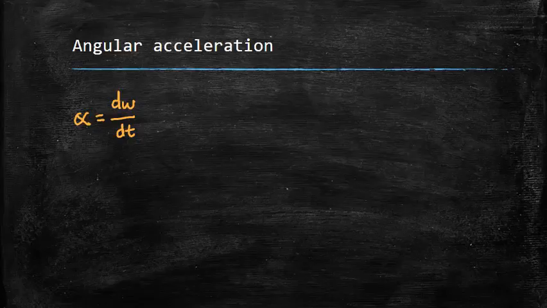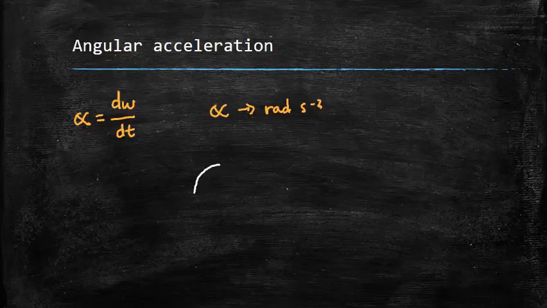So our expression for angular acceleration is alpha equals d omega by dt. Alpha is measured in radians per second squared. Just like linear acceleration is meters per second squared and linear velocity is meters per second, here angular velocity is radians per second and angular acceleration is radians per second squared.